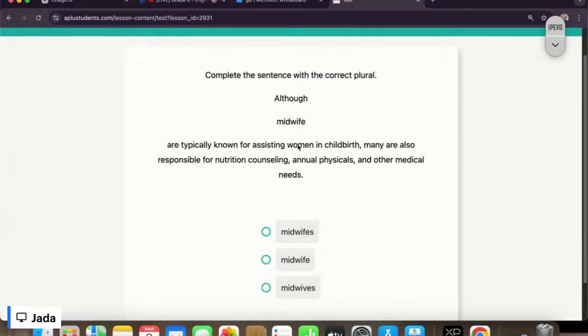Then, although midwives are typically known for assisting women in childbirth, many are also responsible for nutrition counseling, annual physicals, and other medical needs. First, second, or third.